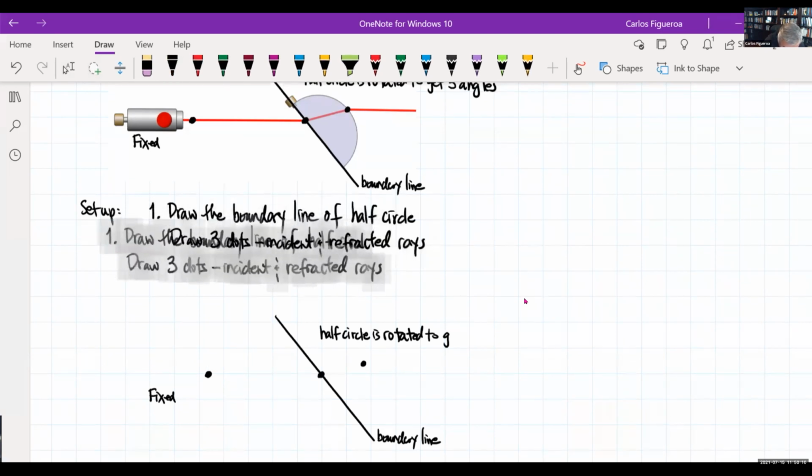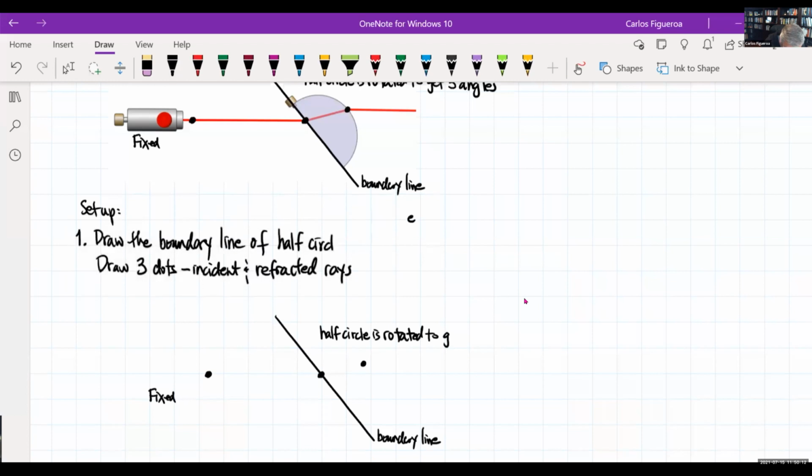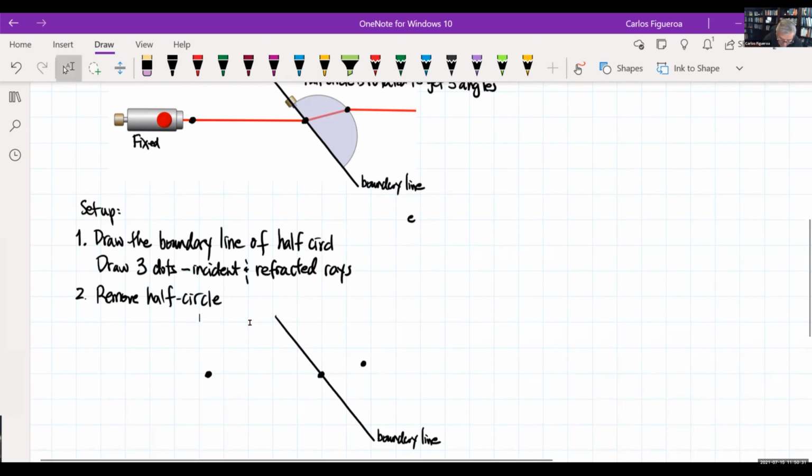I need the space. So now 2, you want to remove the half circle. And what you're going to find here is that, check this out, you're going to have 3 dots, right?